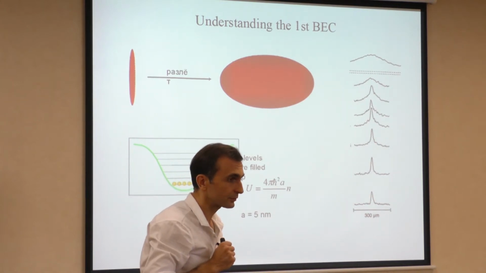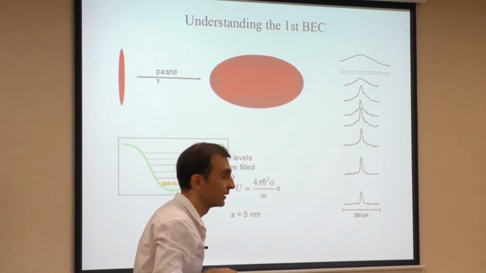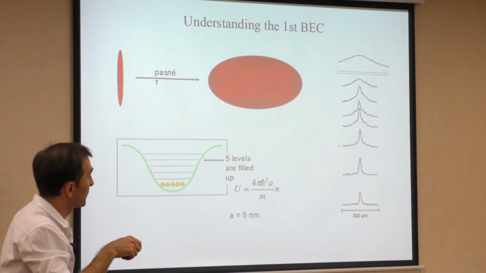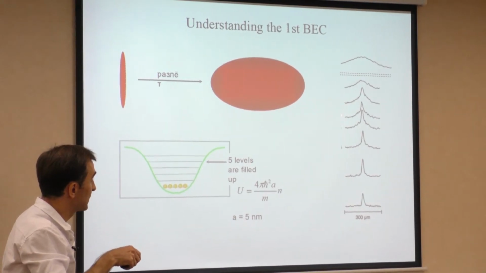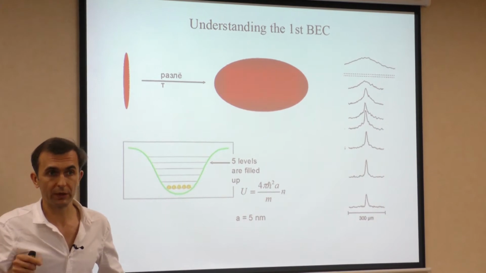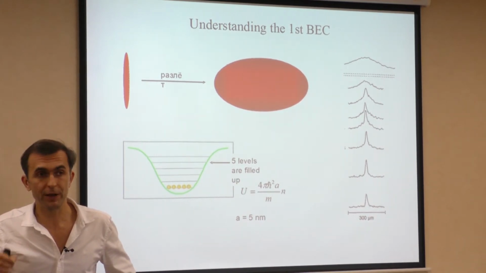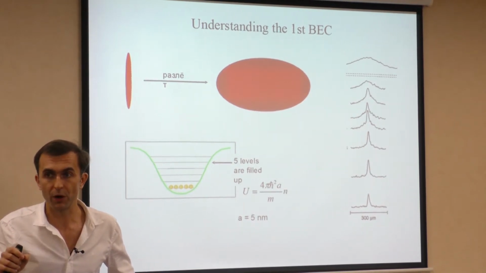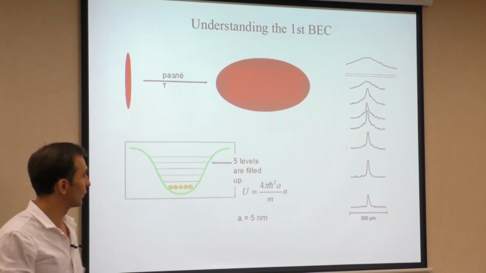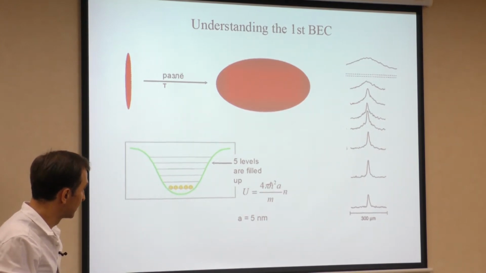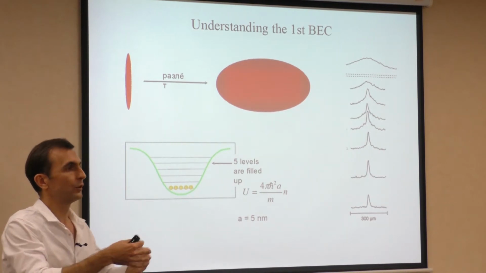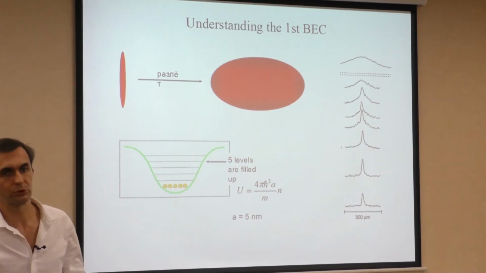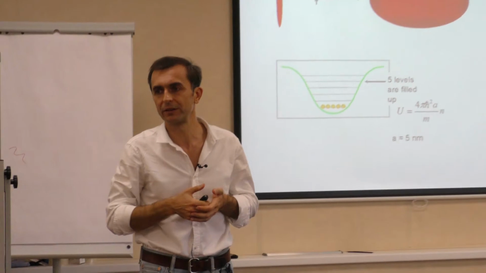The reason for the smallness of this peak is that all those density distributions correspond to deeper and deeper cooling. And the cooling is done by evaporation. So to achieve lower temperature, they had to evaporate more. They had to lose more atoms. So the peak gets a little bit smaller because they lose a number of atoms to get a smaller temperature. So just a smaller peak because of a smaller number of atoms.